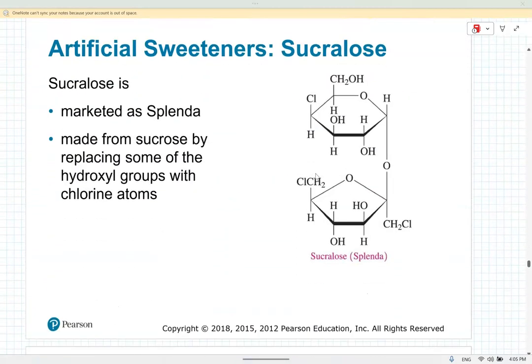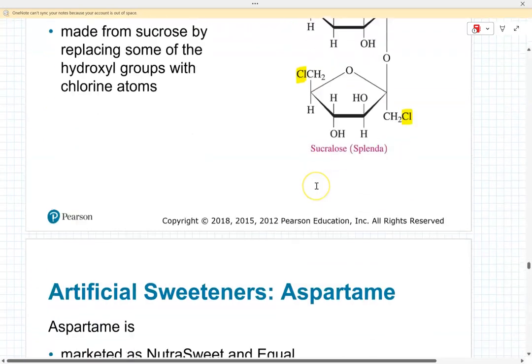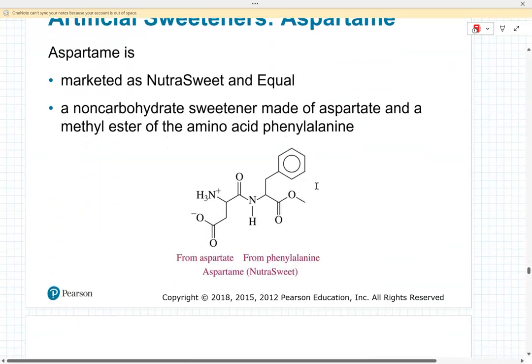Take a look at sucralose. A lot of OH groups are replaced with chlorine atoms, which makes it 600 times sweeter than sucrose by itself.